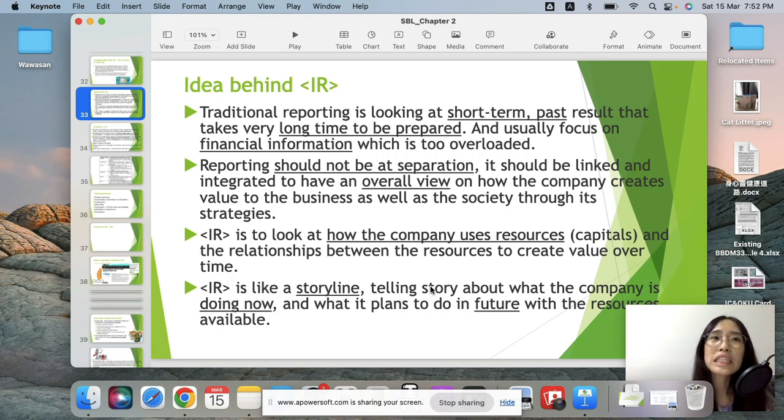We also have internal control and internal audit reports where company reports how they review the internal control, how do they decide where to improve, and how do they take into consideration the internal audit findings in improving the internal control.